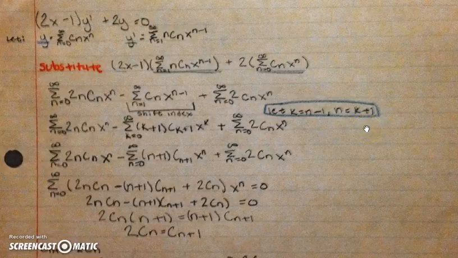So right now we're going to have to shift the index, because the n equals 0 and n equals 1 starting points are not all the same. So you want them all to have the same value there. We're going to shift the index, and we let k equal n minus 1, which means that n equals k plus 1.